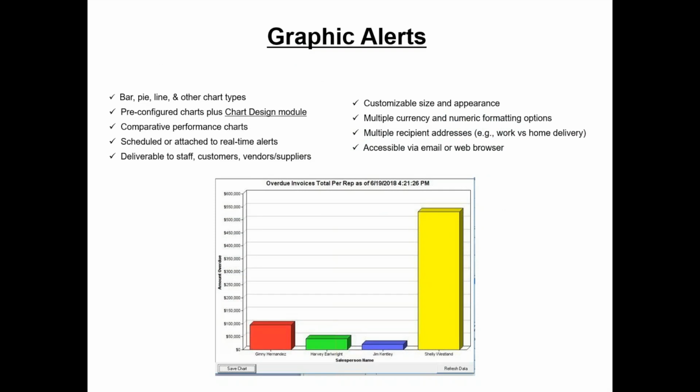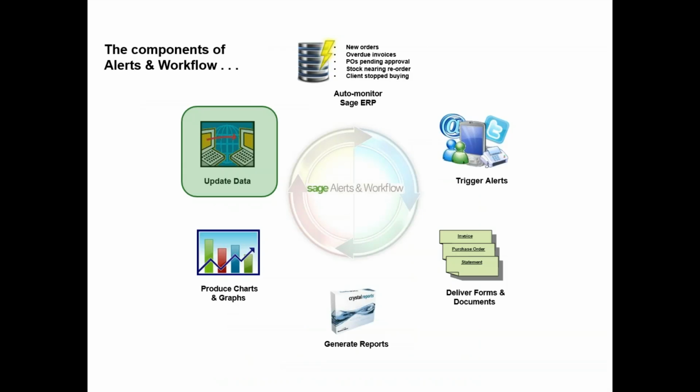Alerts and workflow embeds a chart design tool, and whether it's bar charts, pie charts, line charts, etc., they can be automatically generated and delivered to the appropriate people, once again, on a scheduled basis or based upon changing business conditions in your Sage 100 application.